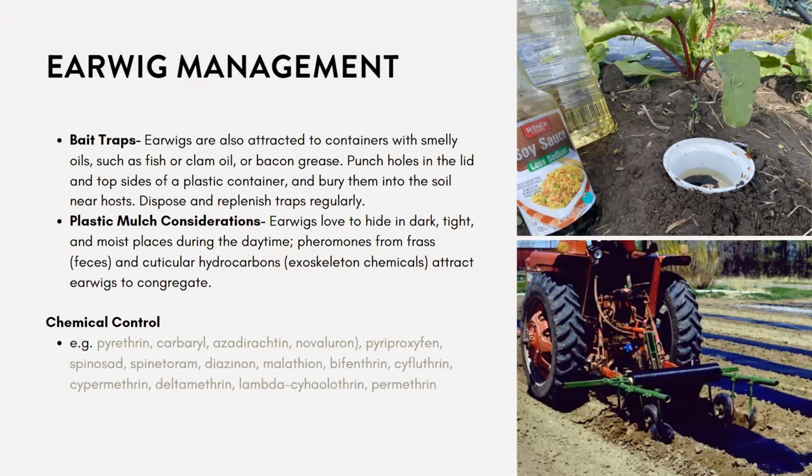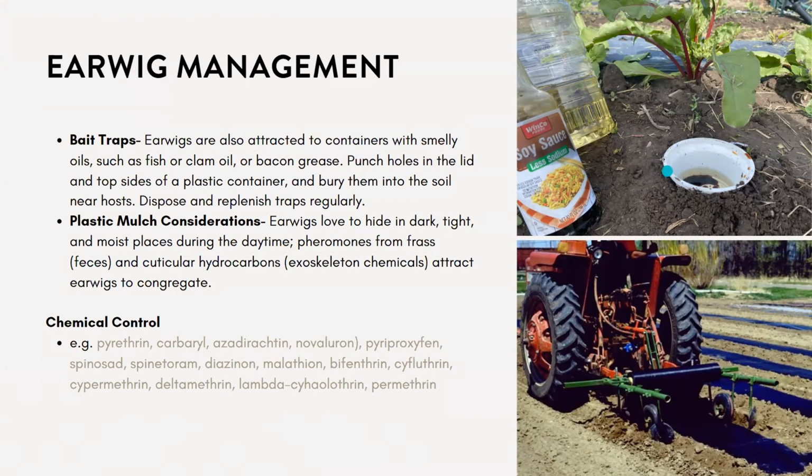So what I recommend for small acreage or home gardeners is the bait trap technique. So essentially you use a plastic container or a metal tin can and you bury it into the soil so it's level with the surface, and then put an oil in there. I like to use canola oil, and then add some sort of smelly substance like soy sauce, which I use, fish or clam oil, or bacon grease.